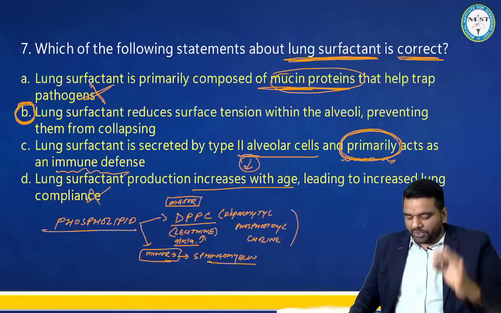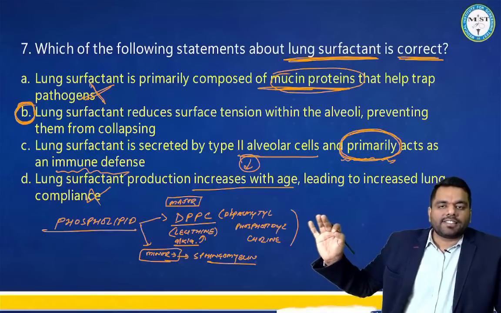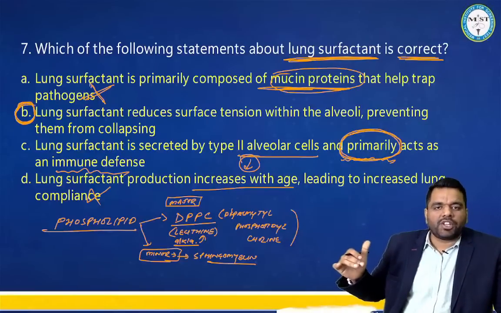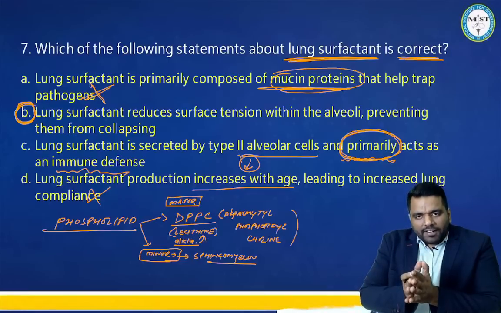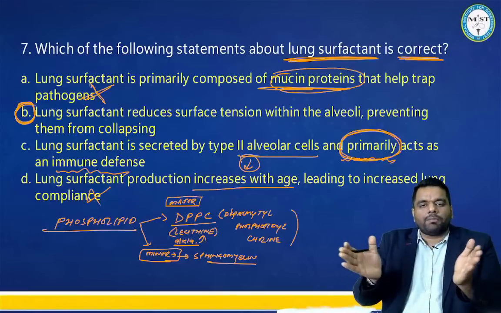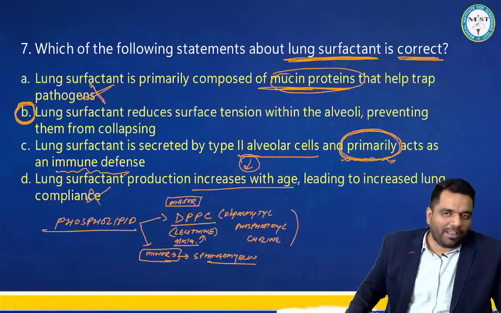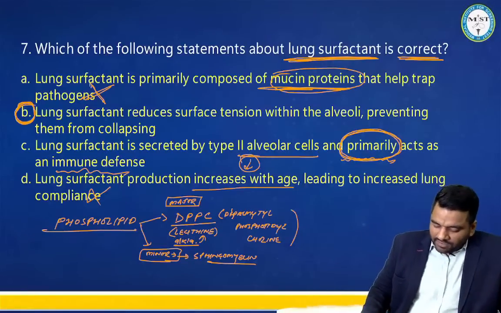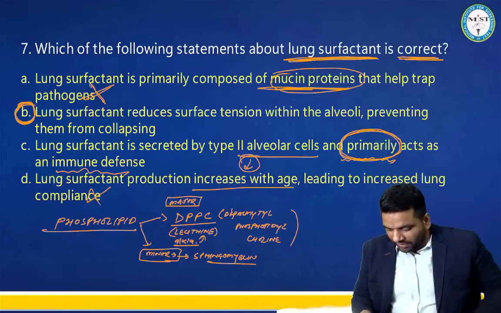So the right option of this question number 7 is B, that is lung surfactant reduces the surface tension within the alveoli and prevents them from collapsing, right? So basically it increases the compliance, meaning now it is going to be stretched more, it is not going to collapse. Now the right answer of this question number 7 is B, right beta?